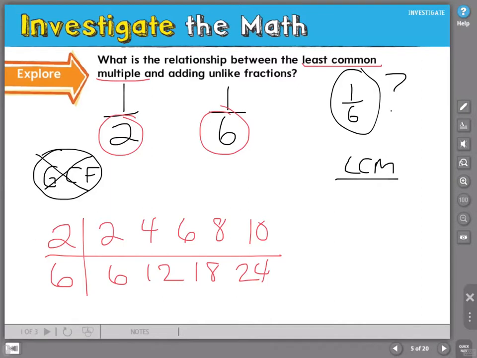Let's see. I can tell that my least common multiple, the least multiple that shows up on both lists, is 6. 6 is my least common multiple, and I will need it to add these unlike fractions.